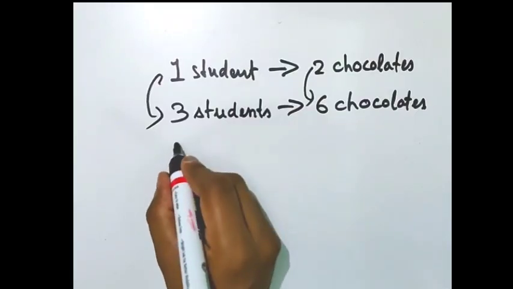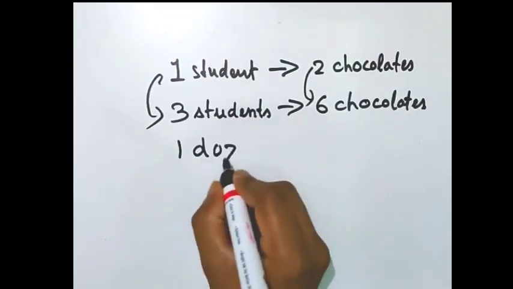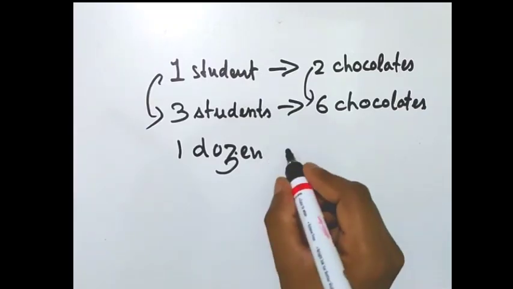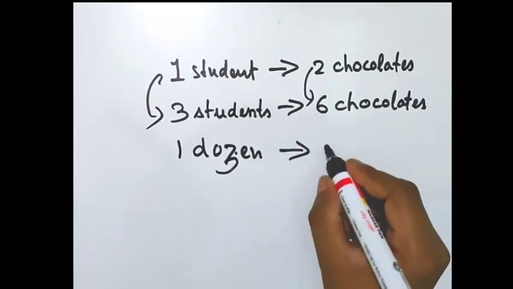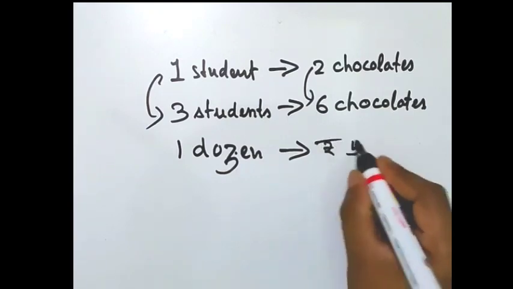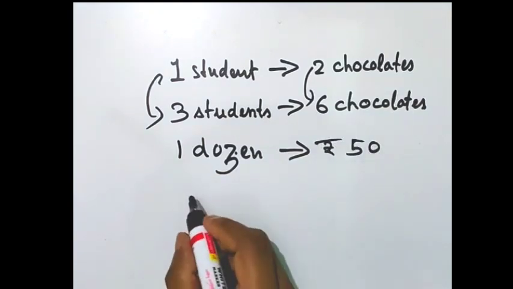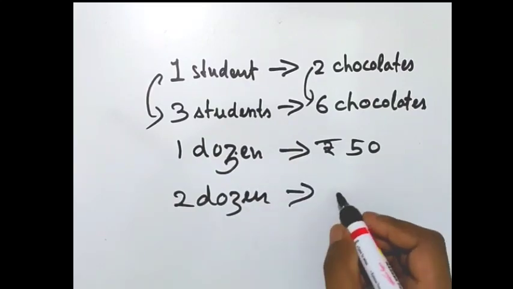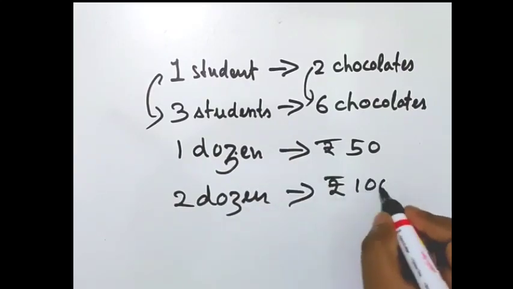Let's take another example. If 1 dozen of, let's say, bananas cost rupees 50, then 2 dozen will cost rupees 100, right?